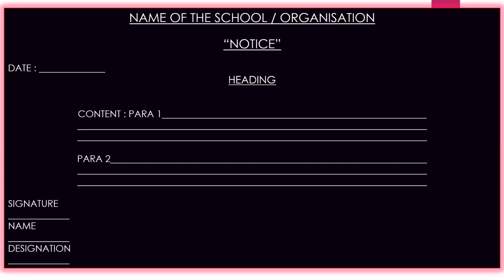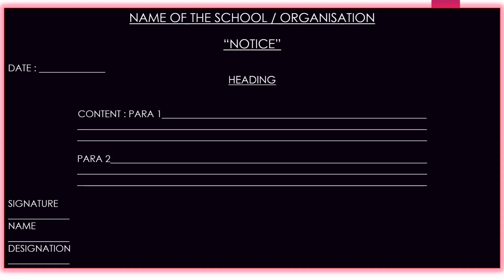So this is just a sample format of your notice writing. If you look above, I have started with the name of the school or the organization. Below it is the word notice. Below the word notice, on the left hand side, you need to write the date. Once again, at the center, in the next line, you have to write a heading.